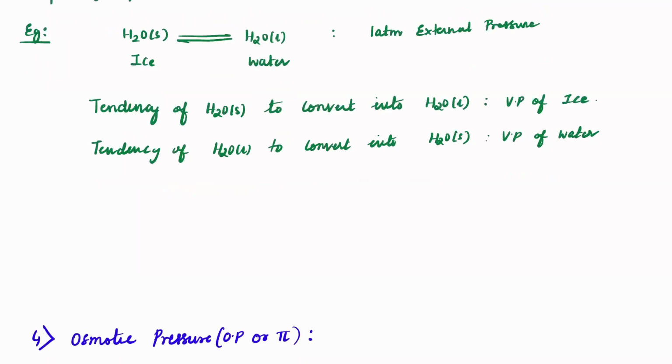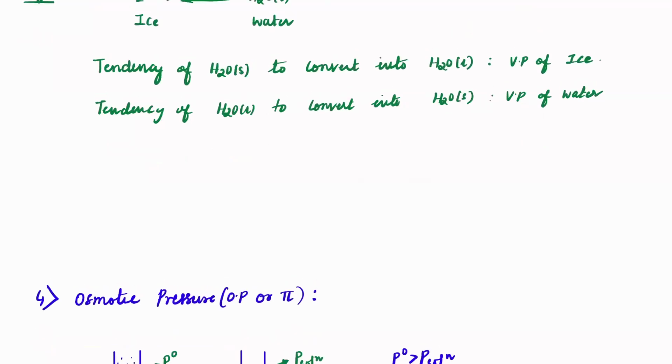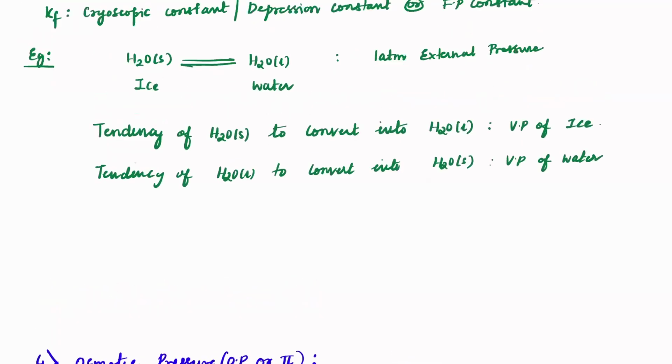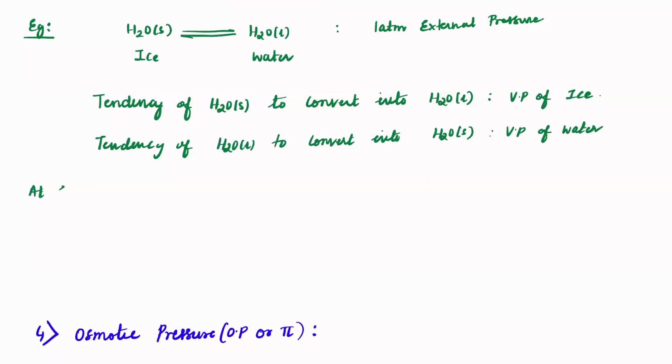Got it? So this is not in the literal sense that there should be vapors above and that pressure should be applied. It's not in that sense. It is always in terms of tendencies we are discussing. Okay. So basically at equilibrium, what is expected? That is, at equilibrium, we are expecting that the vapor pressure of ice must be equal to the vapor pressure of water.